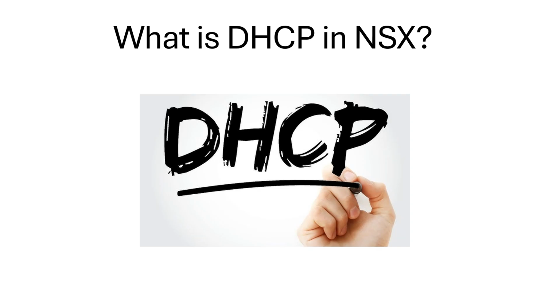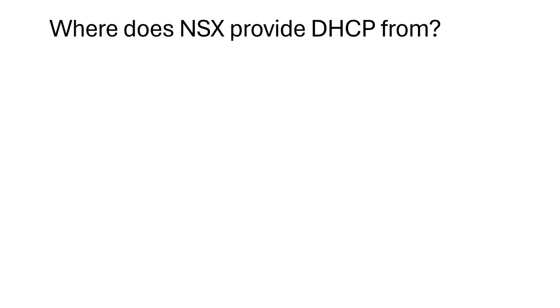Okay, so NSX supports both DHCP version 4 and DHCP version 6, and we can configure it directly on the segment. So this is super useful, especially in overlay networks. Now next, what we need to understand here is where does NSX provide DHCP from?